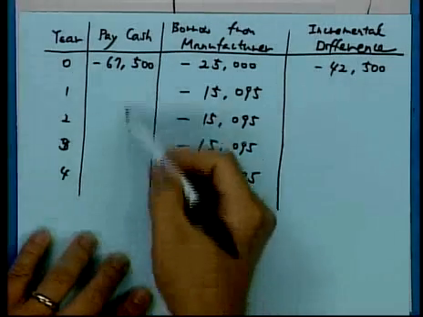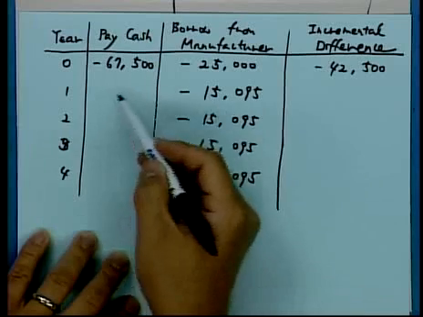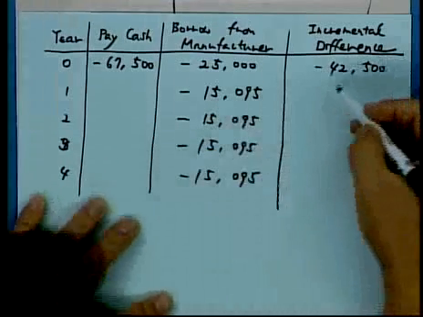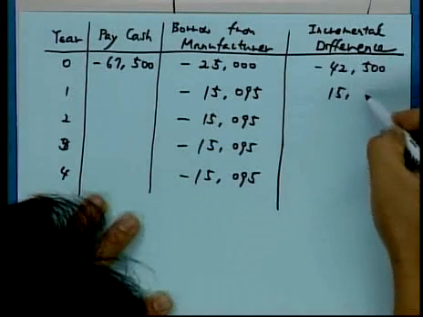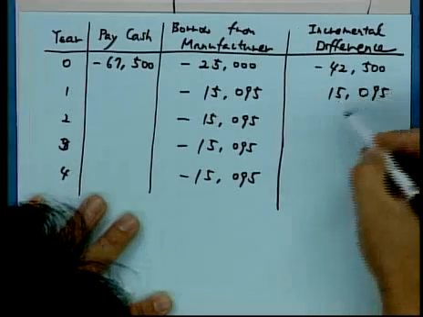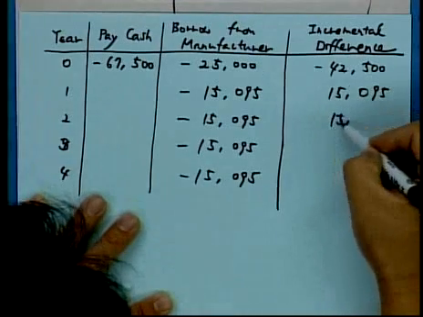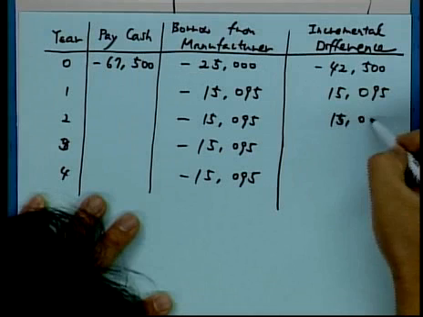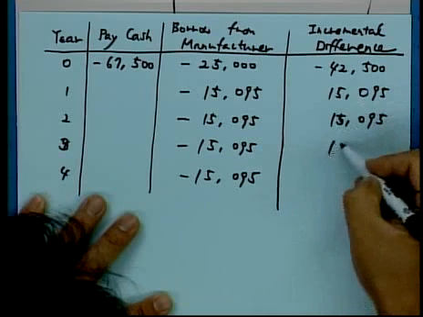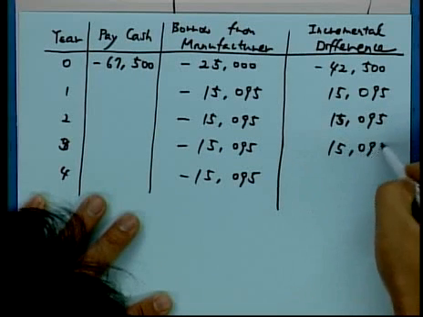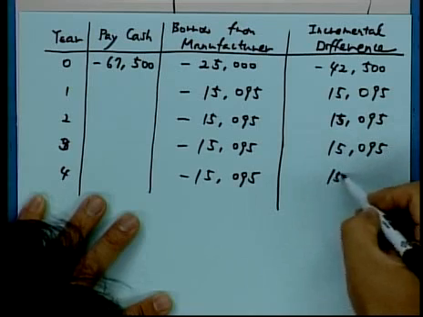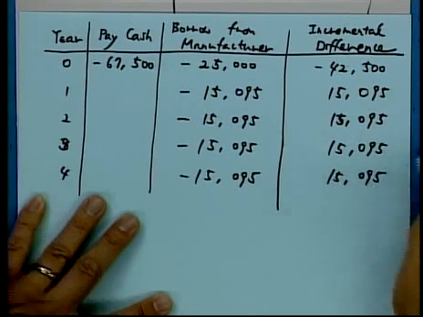And we have 0 all down here. The 0 minus this would be negative 15,095. And same for the others. $15,095. Okay.